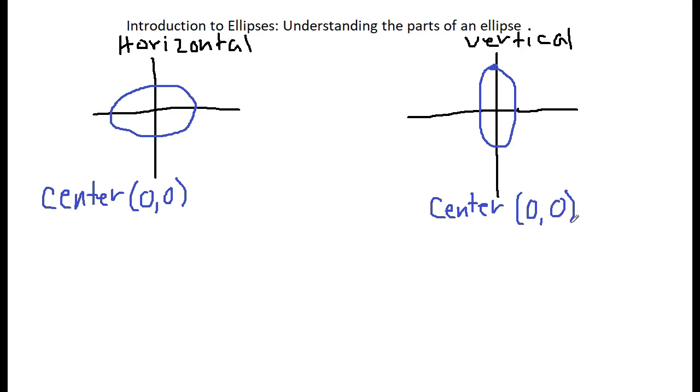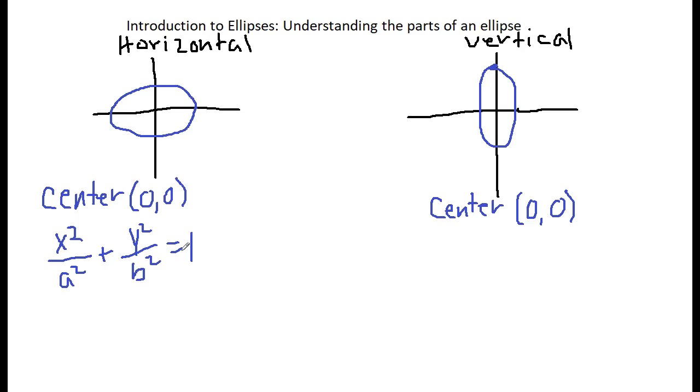Now, a standard equation for a horizontal ellipse is this: x squared over a squared plus y squared over b squared equals 1.